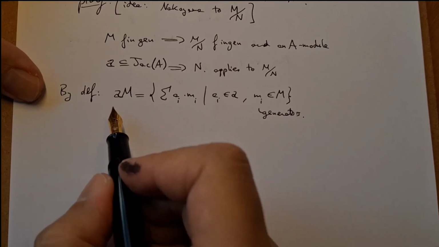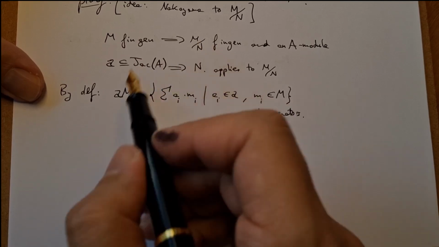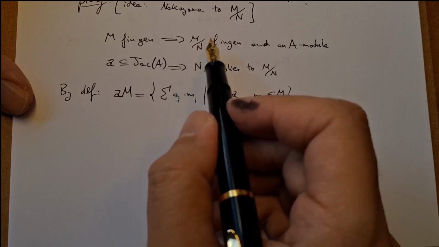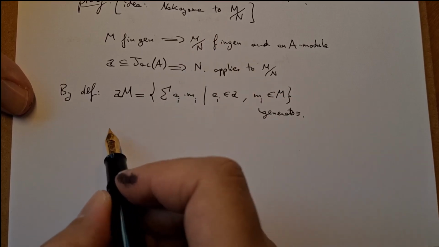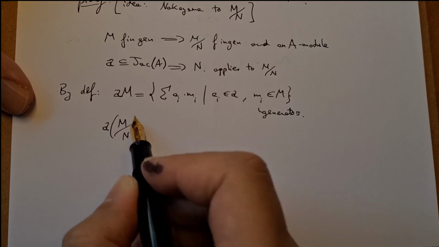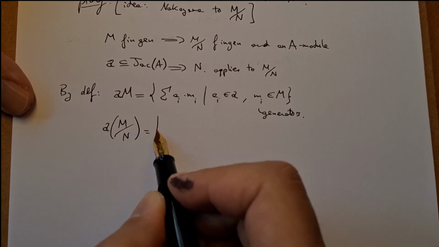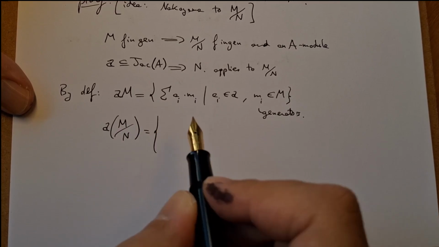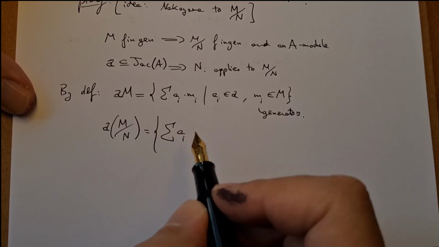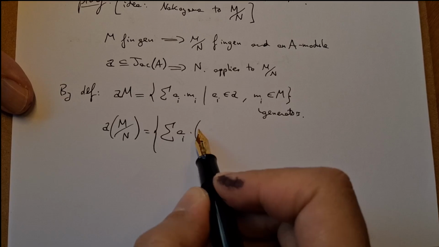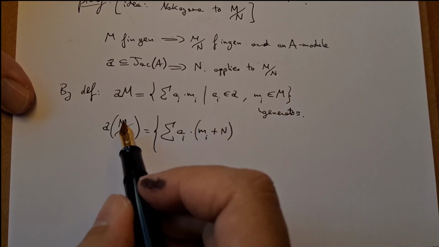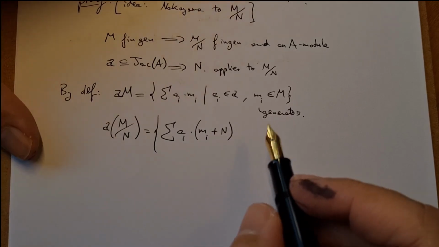Now, we are interested in the same thing, but instead of M, with the quotient M quotiented by N. So A multiplied by M quotiented by N, this will be the sum of A sub i, multiplied by M sub i plus N. This is like the shape of this quotient, like all those cosets.